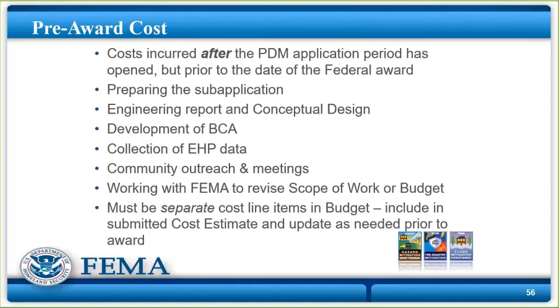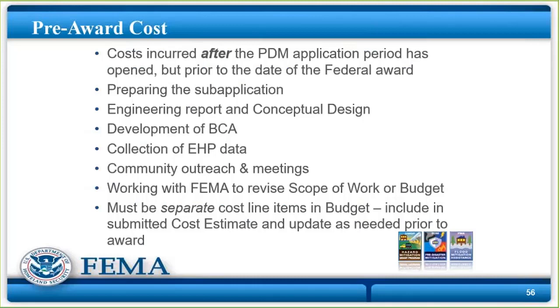Pre-award costs. This is something a lot of people don't even realize they get credit for. You can also get credit for this as your match, okay? But if it's not in the budget, you don't get credit for it. Everything that you want to use as match to your project has to be included in the budget. And then in the budget narrative, you just explain, oh, that's a match cost line item. No problem.